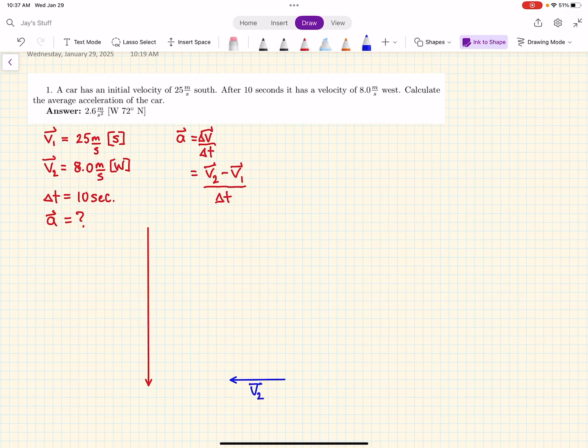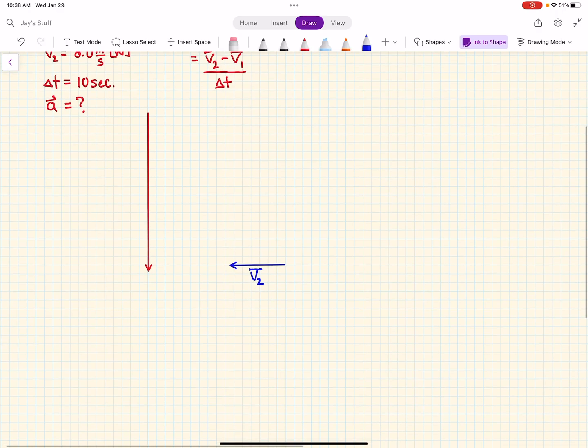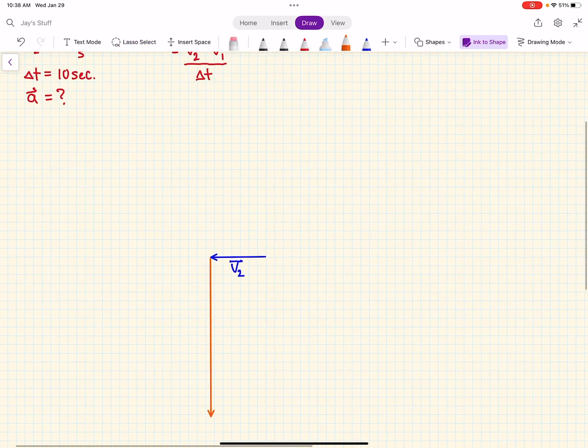Now, if we wanted to add them, V2 plus V1, the head of V2 goes to the tail of V1 and continue. And then our resultant vector would be from our start to the end, like this. But in this case, we want to subtract.